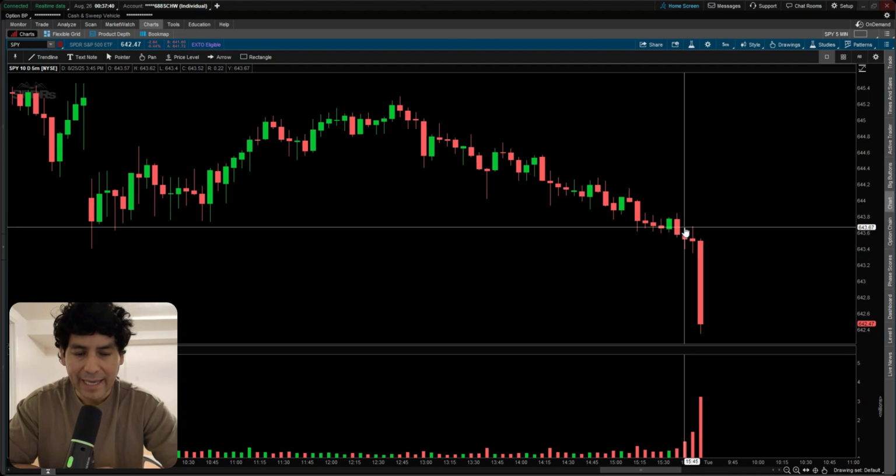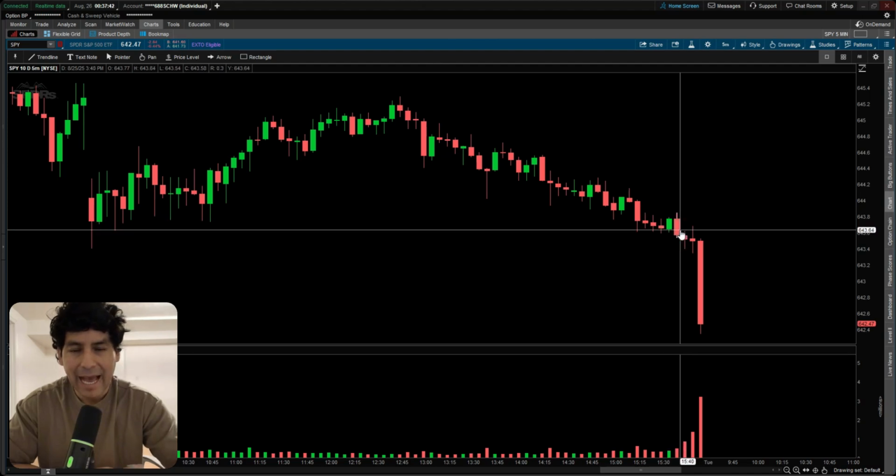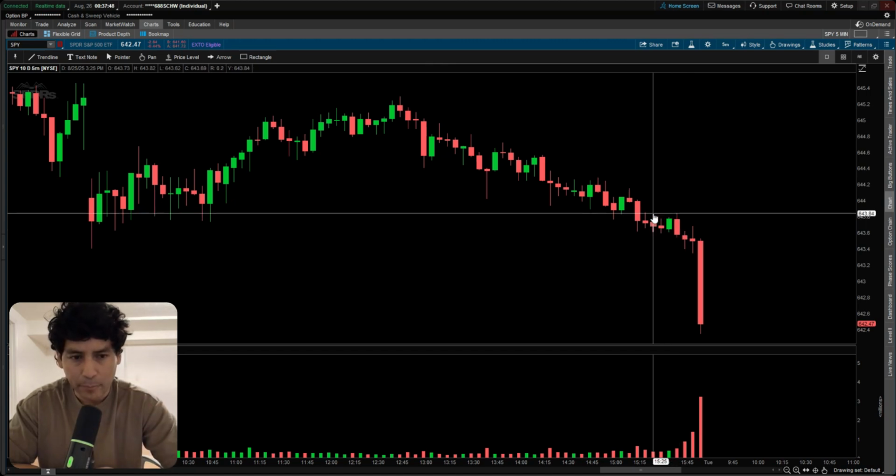If you get in this trade, automatically you must set up your stop loss above, very tight. This is the smart way to trade bearish engulfing, because if the bearish engulfing doesn't work and the price goes up, we're going to lose a little bit of money instead of losing big money.